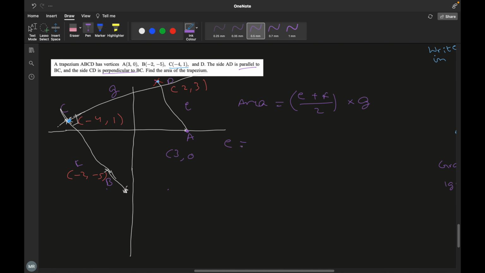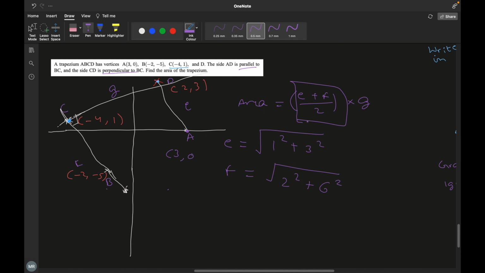Let's first find E. E would be the square root of 3 minus 2, that's 1 squared, plus 3 squared. And now F is the square root of 2 squared plus 6 squared. Now let's find what this would be.